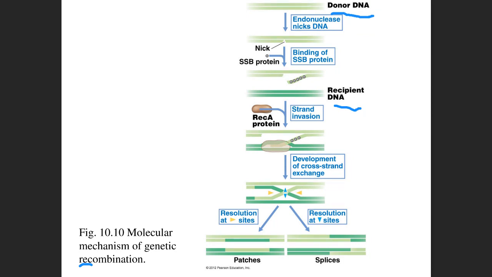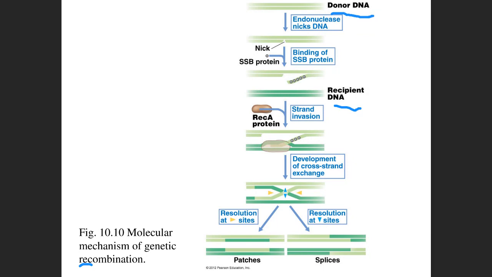So what does it do? It takes the strand, comes in here, puts it in here, and this strand goes up. So now you have a cross strand. Now one strand goes up, one goes down, and then it depends on how you resolve. You have to separate them, right? So how do you resolve? If you resolve by cutting here, then you're going to have a patch.